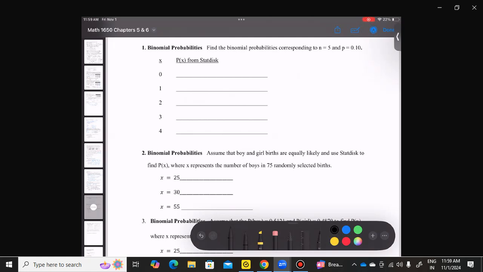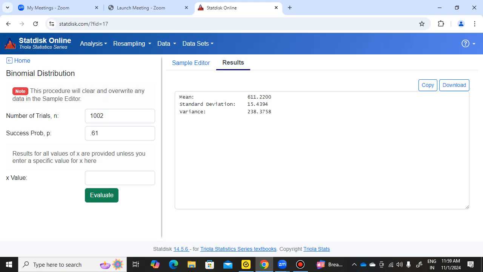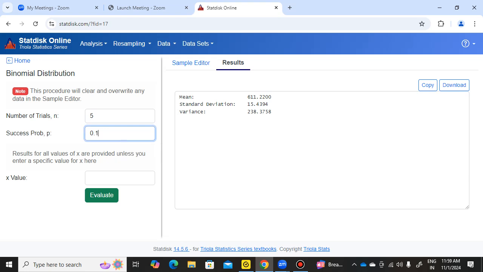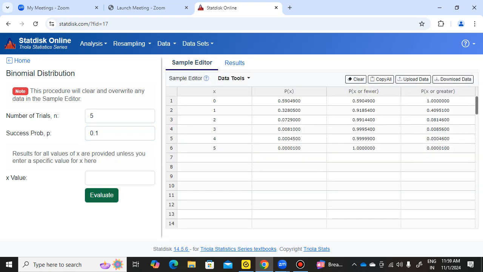So we're going to look at the binomial probabilities corresponding to a sample size of 5 and the probability of success of 0.1. So let's put this in StatDisk. So 5, 0.1. Go ahead, evaluate.